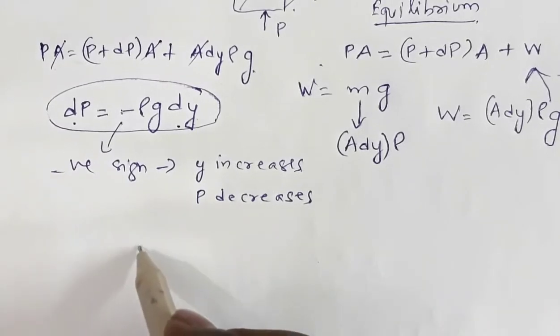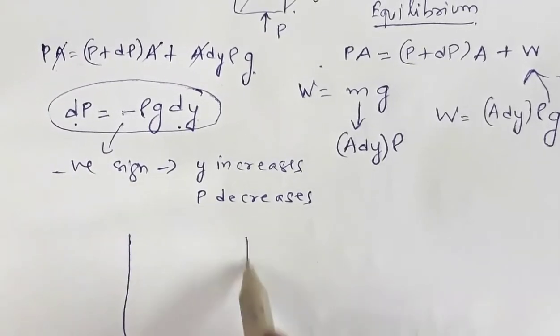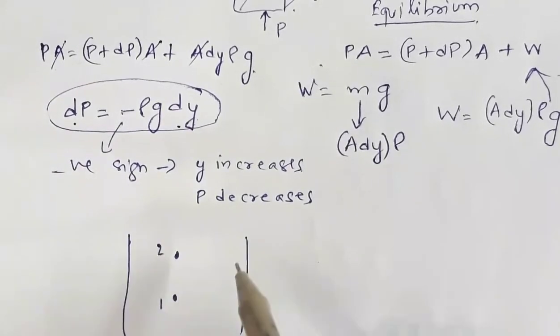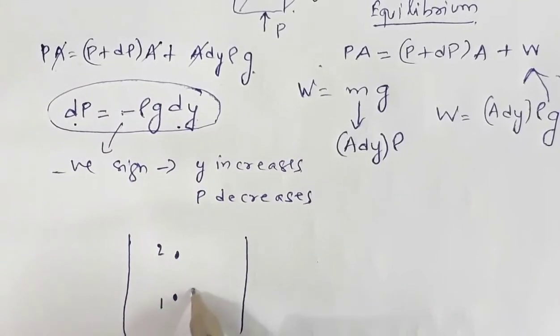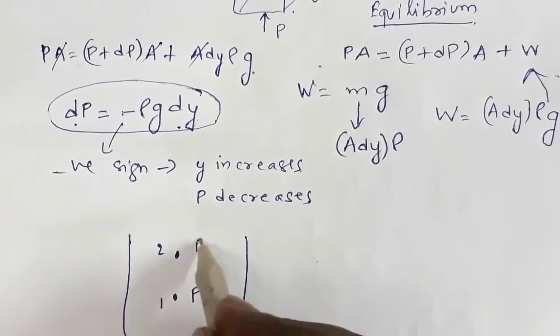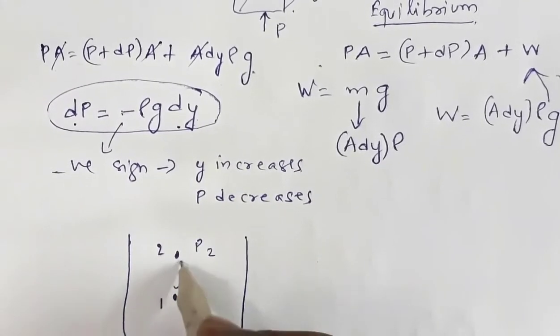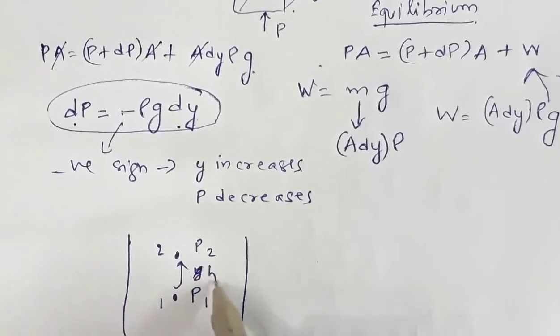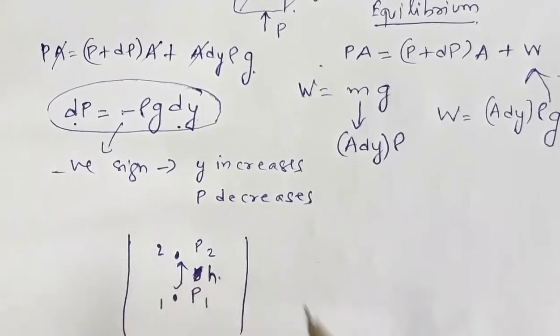Okay, now let us see how much is the decrease in pressure. For the same liquid, for those 2 points 1 and 2, the pressure at point 1 is P1, pressure at point 2 is P2. These two are separated by a vertical displacement, let it be h. It's not dy now, it is h.